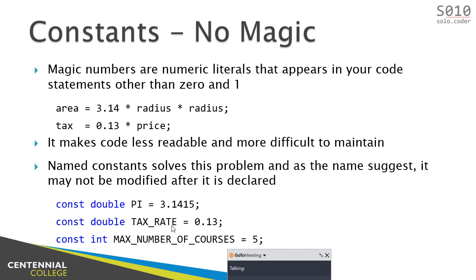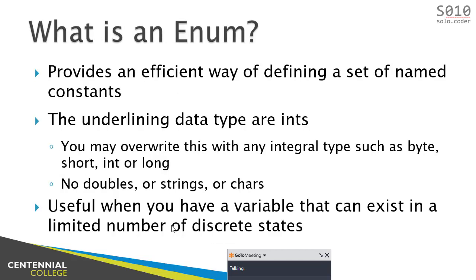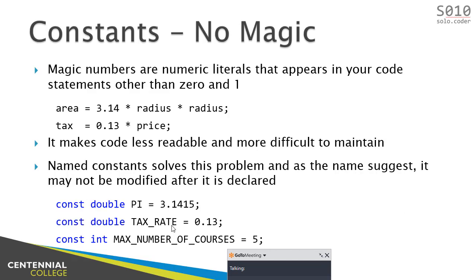And it's always assigned a value. That's the whole point of a constant: there's a value associated with that identifier that does not change over the course of your application.